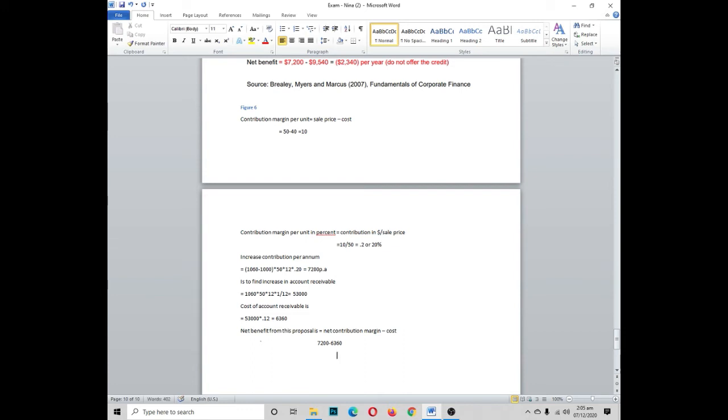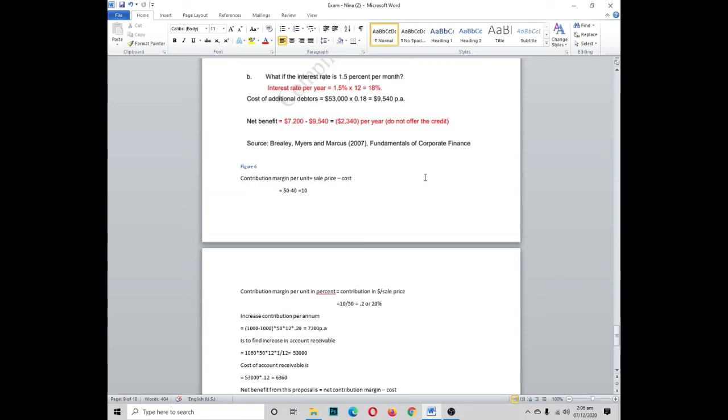If we find the net, it is 7,200 less this amount, $840. $840 is the net benefit for the company if the company increases the credit period for its customers, so it is beneficial for the company to take this initiative to increase its profit.